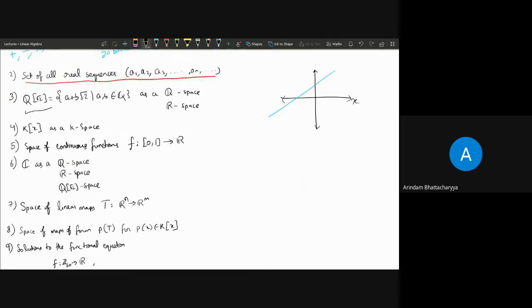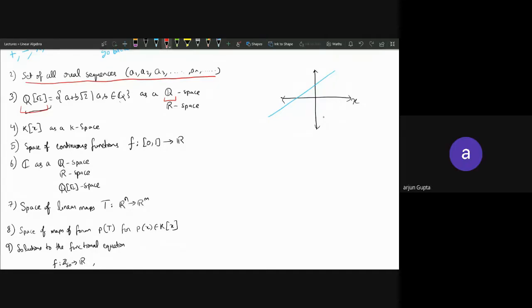Q of root 2. If you have read some Napkin or some fancy algebraic number theory, then this will be a very familiar set. This is the space of all elements a plus b root 2, where a and b are rational numbers. Is this a Q vector space?